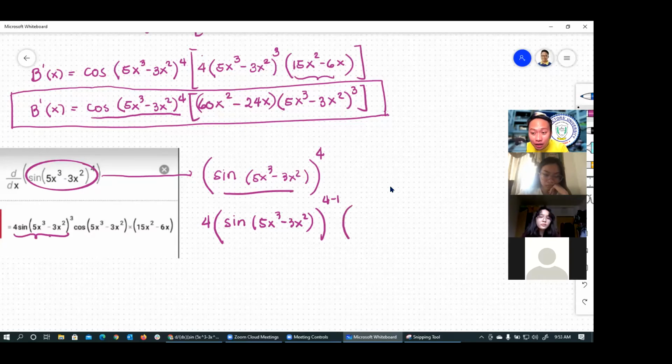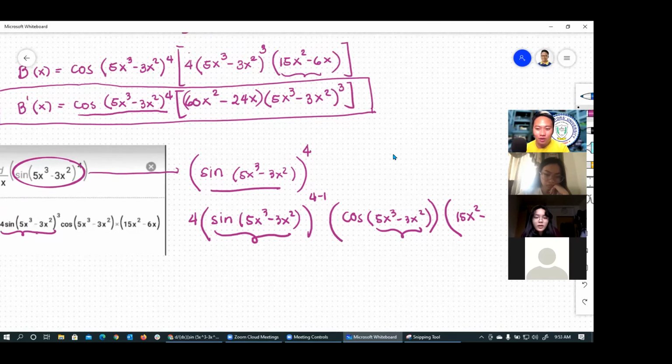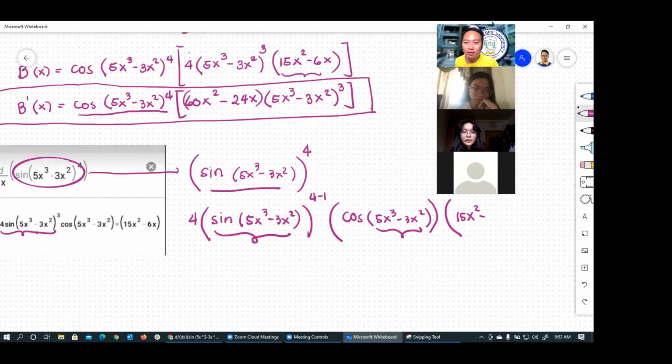Then multiply pa yun na siya, guys, sa derivative aning naa sa sulod. Unsa derivative sa sine? Cosine, copy everything, 5x cubed minus 3x squared, close, times na sad sa derivative aning naa sa sulod sa parenthesis, which is 15x squared minus 6x.